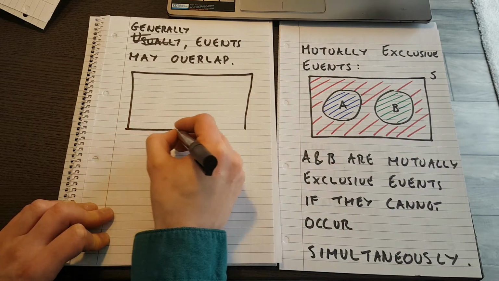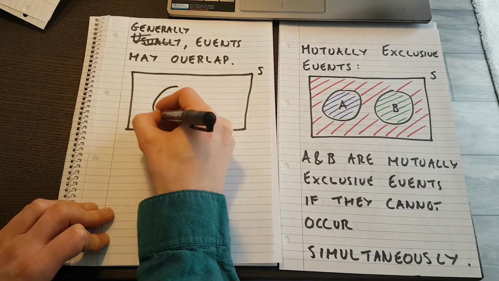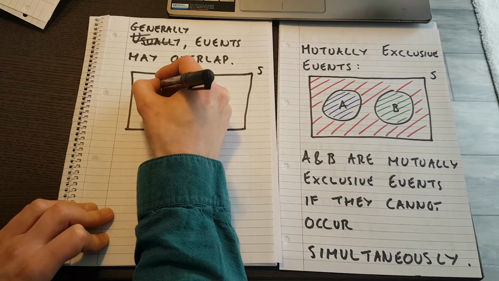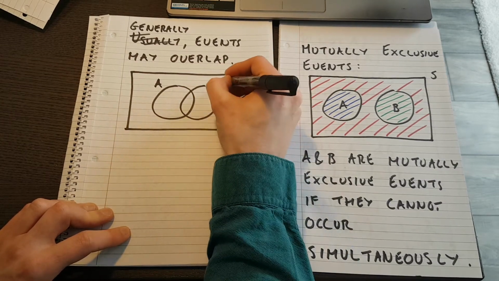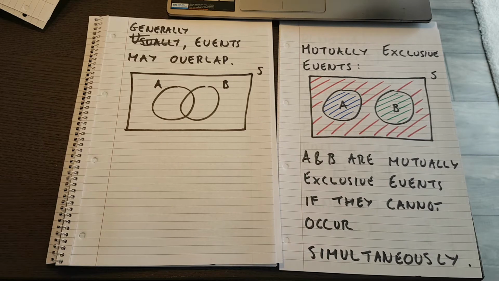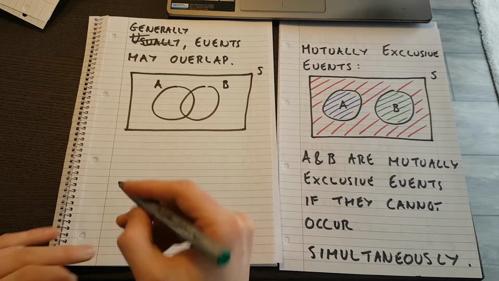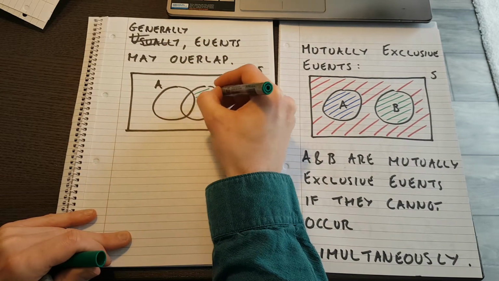Okay. So this is my sample space. This is going to be A here. This is going to be B. And we'll give these different colors. So I'll cover B in green, same as before.